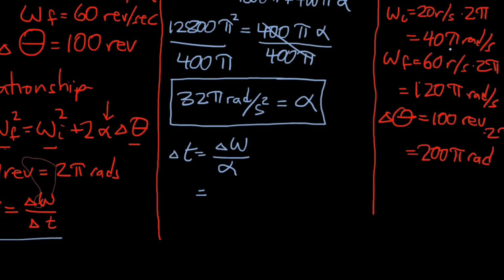I started off at 40 pi and went to 120 pi radians per second, so we subtract that. 120 pi minus 40 pi is 80 pi radians per second.